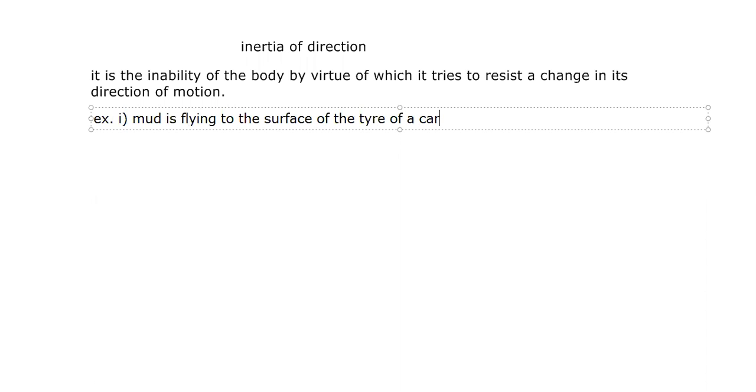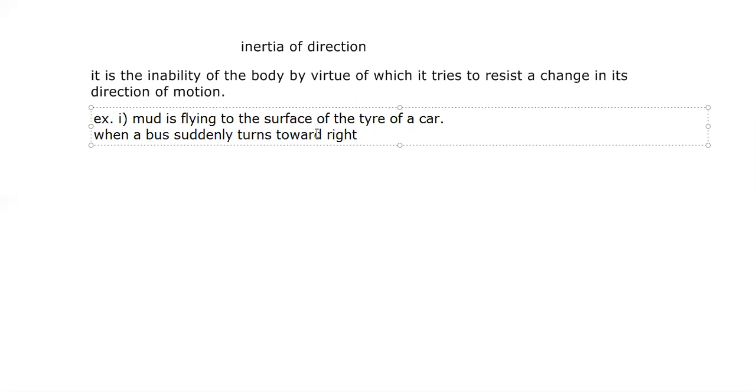Second example: when a bus suddenly turns towards right, the passenger leans towards left.